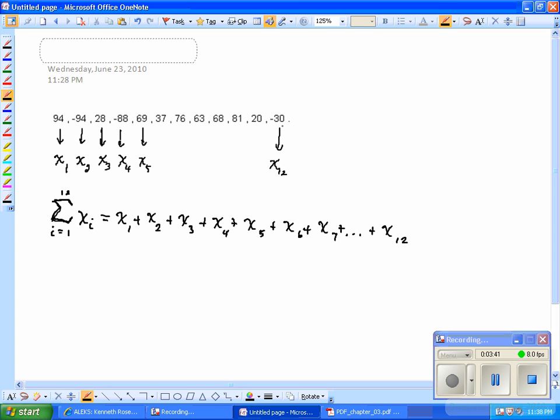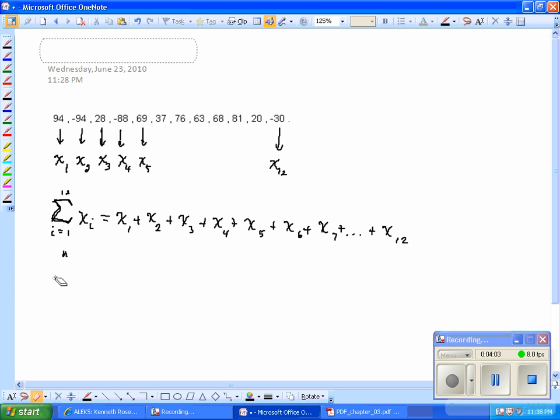If this constituted your whole sample, sometimes they get lazy and they just say sum of the x's, and that means we can assume the index is a complete index from 1 to n, with n being however big your sample is. So when it is from 1 to n, they leave off the index sometimes.